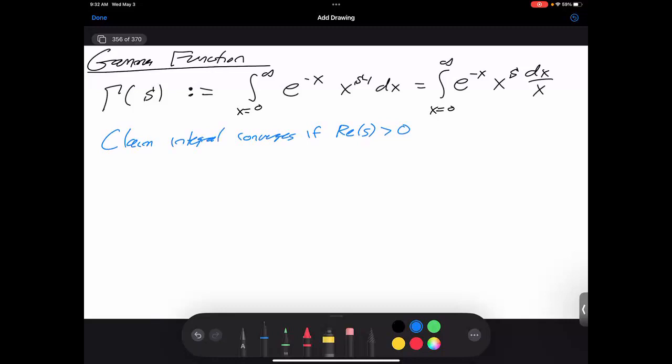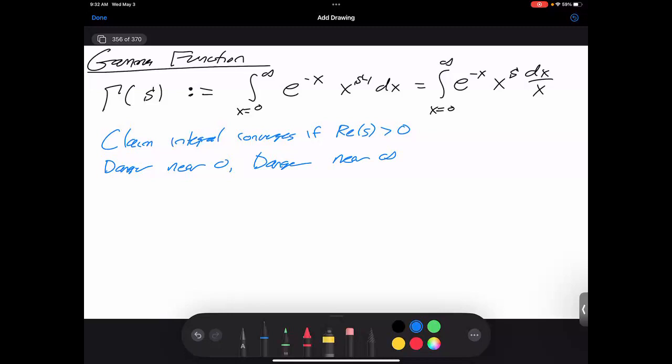When you look at this function, there are two dangers: danger near 0, danger near infinity. If I want a function to be integrable, it has to have good decay at infinity.